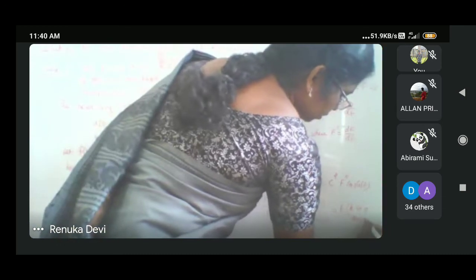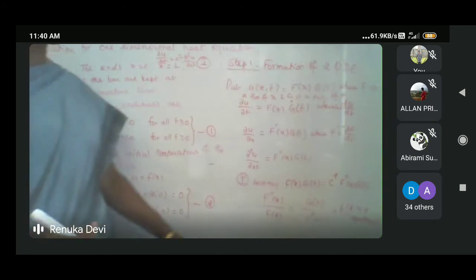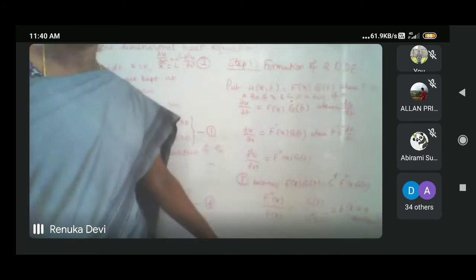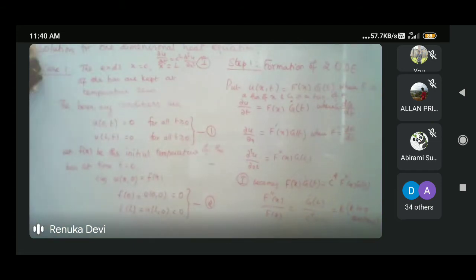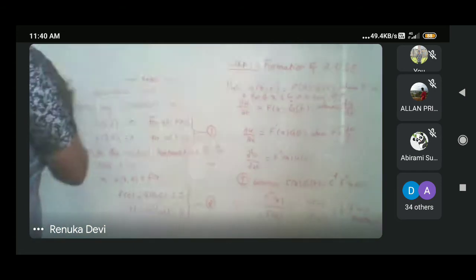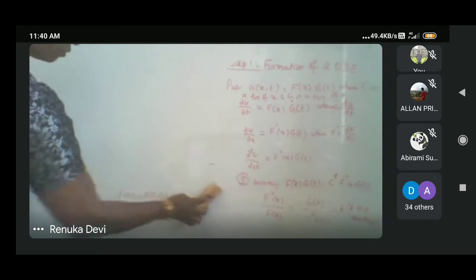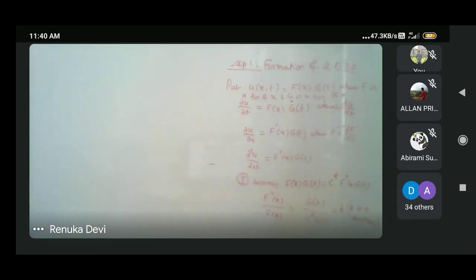So k is a constant. Both are functions of x and t respectively, but they are equal, so it must be equal to some constant. The constant is taken as k. Okay.